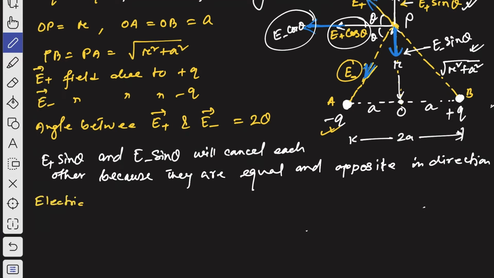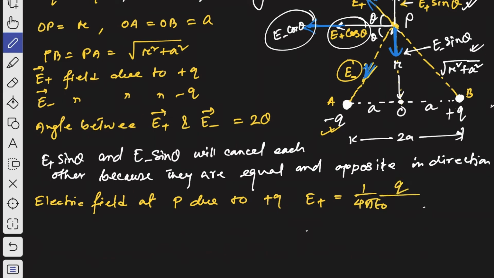So according to this formula, the electric field at P due to positive q, E positive, should be equal to 1 by 4 pi epsilon naught, q, and instead of r square there will be root over r square plus a square whole square, right?